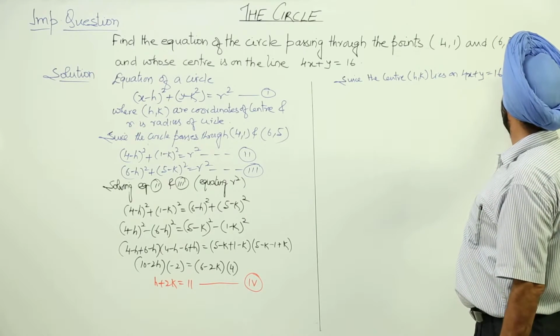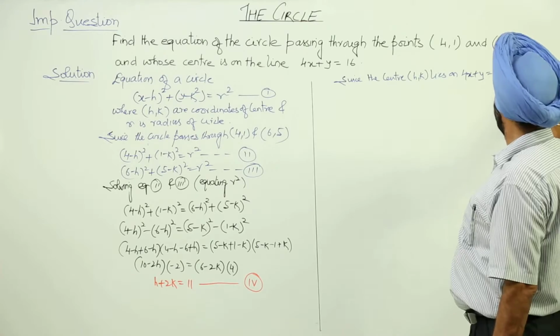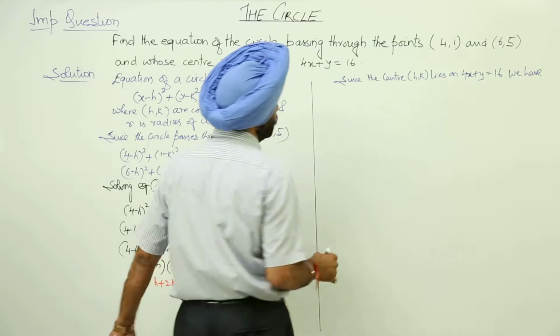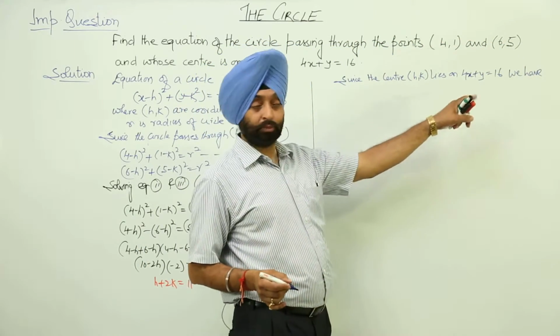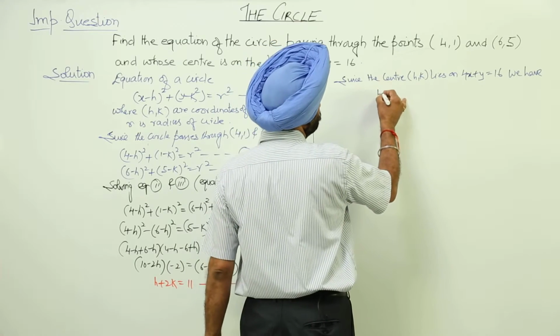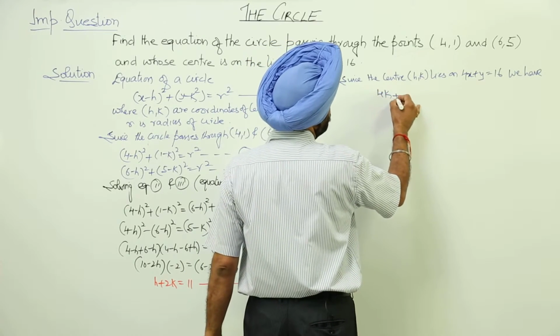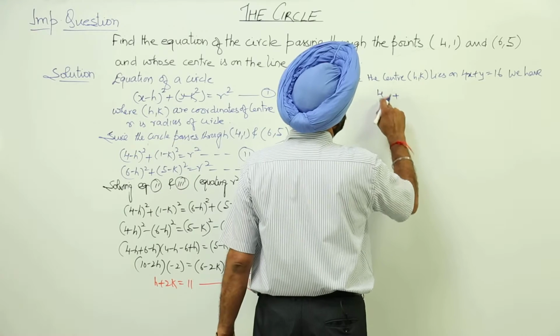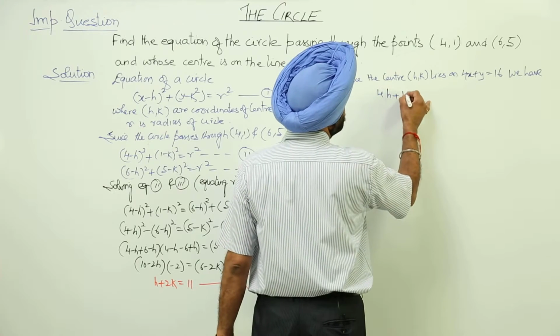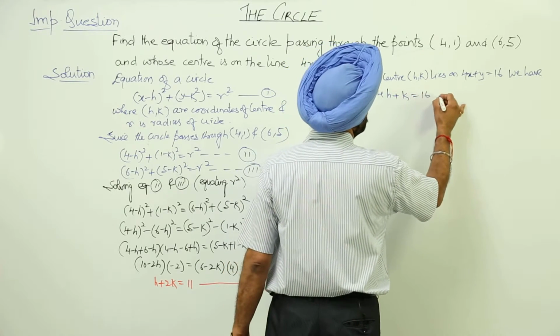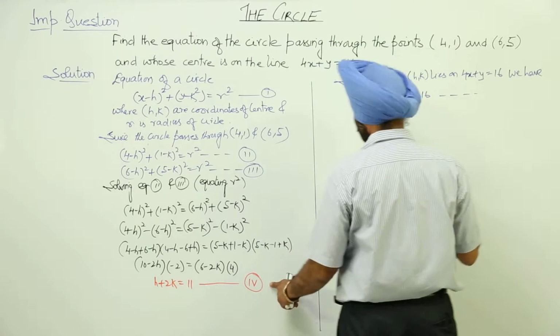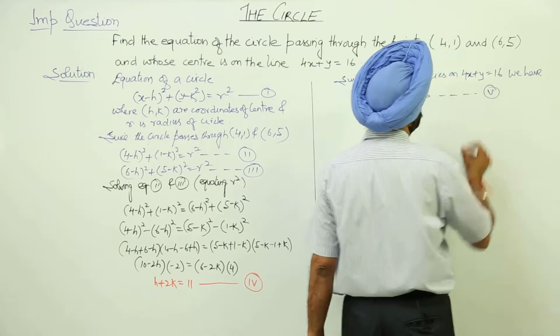Now what we can write is that h and k lie on 4x + y. So the equation becomes 4h + k = 16, I am sorry, 4h + k = 16. This was equation 4, this is equation 5.